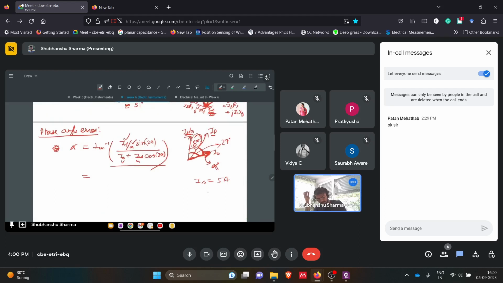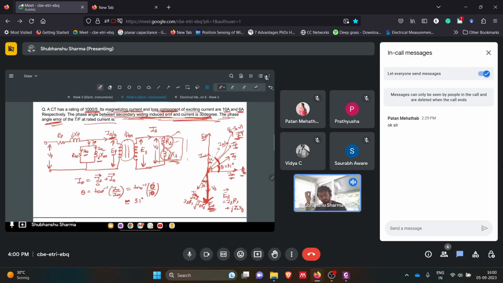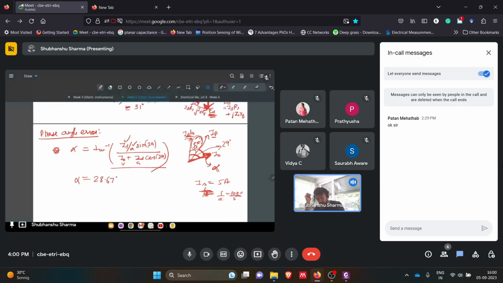And 1 by A, the reciprocal of the transformation ratio, is 5 by 1000. We know everything. So alpha will be, based on this calculation, 28.67 degrees. Now what will be the phase angle error?